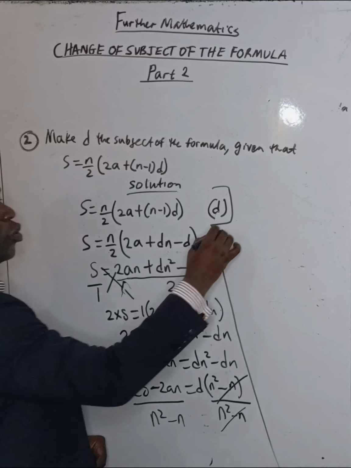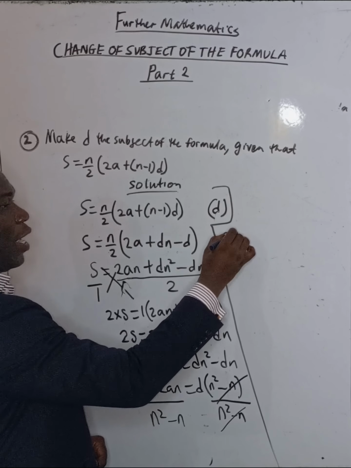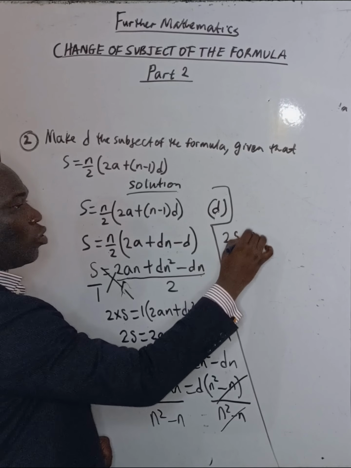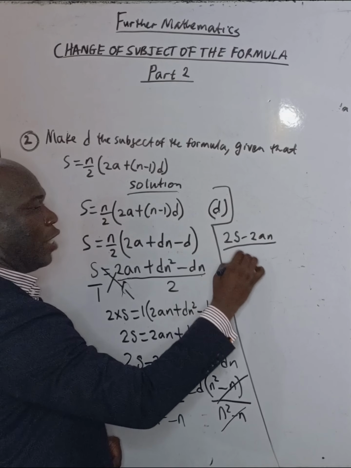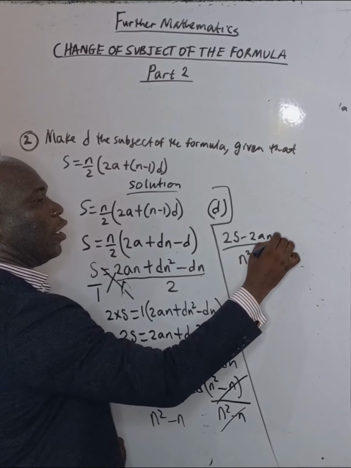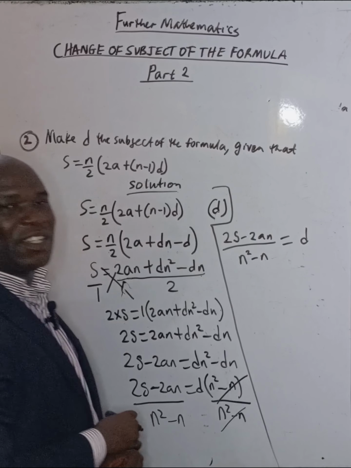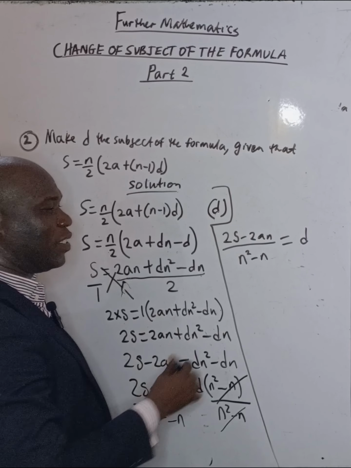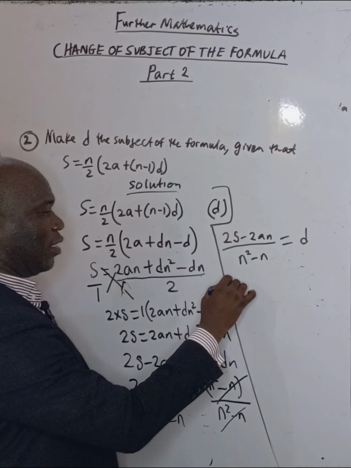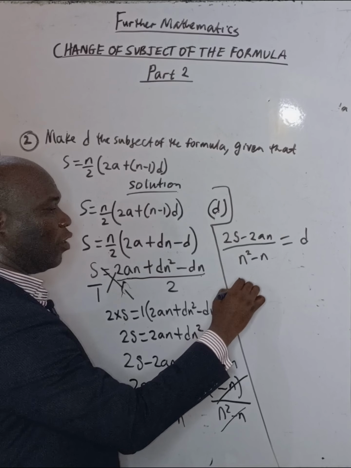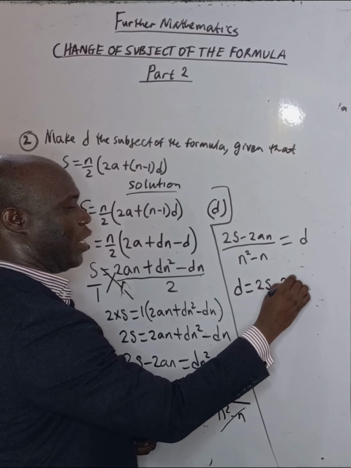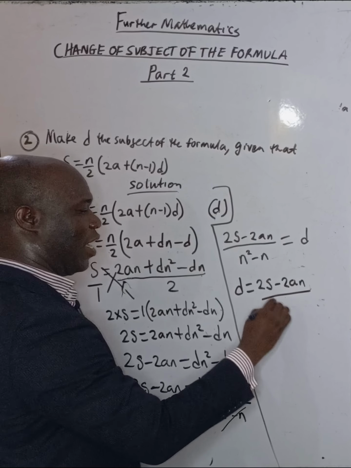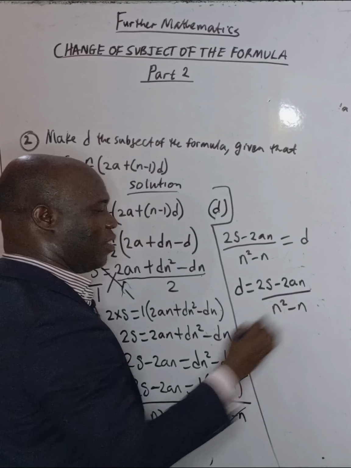We have 2s minus 2an over n squared minus n equal to D. So now we have to put it in a proper state. So it will be D equal to 2s minus 2an over n squared minus n.